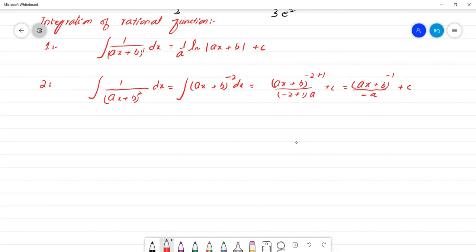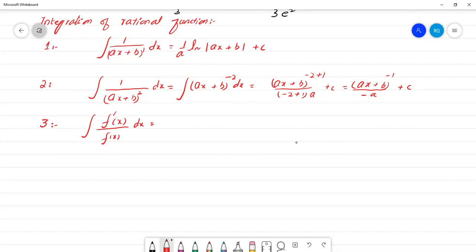So the second rule is this one. The third rule is, if a function is non-linear and its derivative is over here, so the whole one is, if a function is a rational function, the terms must be in the denominator.